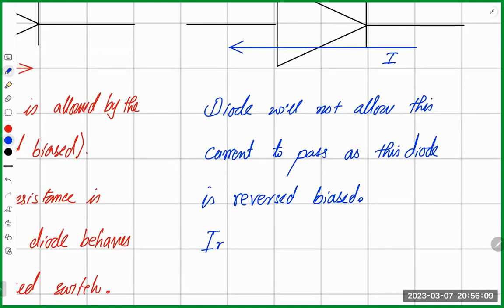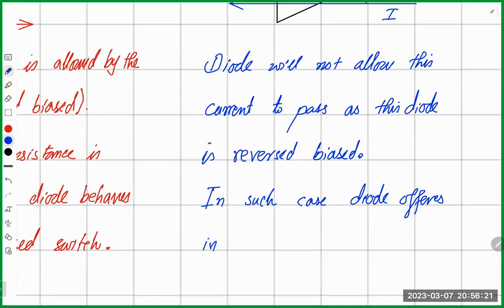In such a case, the diode offers infinite resistance. Again, this is an ideal statement.